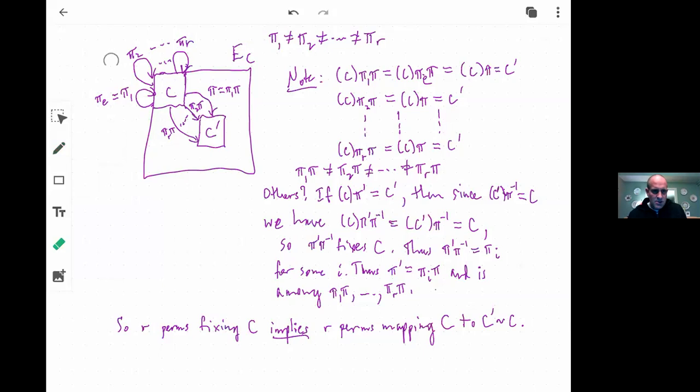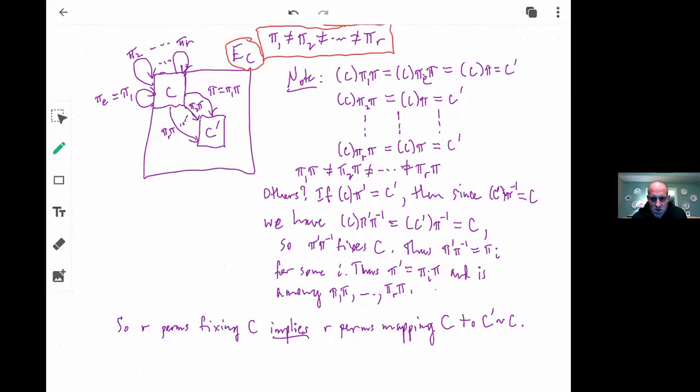We're just writing down, well, assume that we have those R permutations, and that they all fix the coloring C. And EC is the equivalence class of that coloring C. And I'm taking any other coloring C prime, and I'm saying how many things move me from C to C prime? And we're assuming, of course, that all of these permutations are different from one another. So that's what that's saying right there.